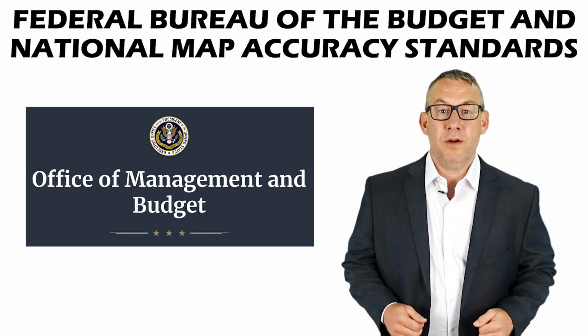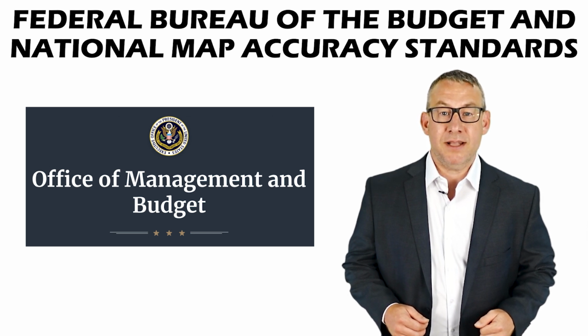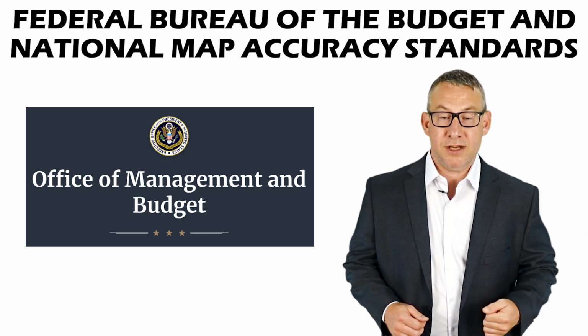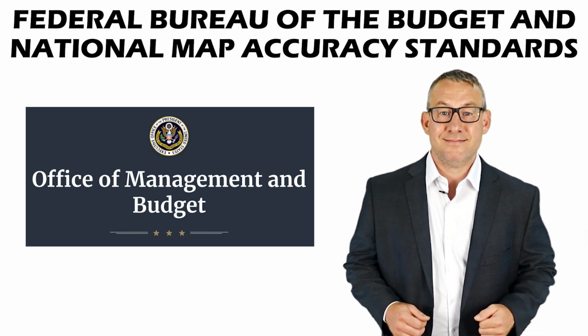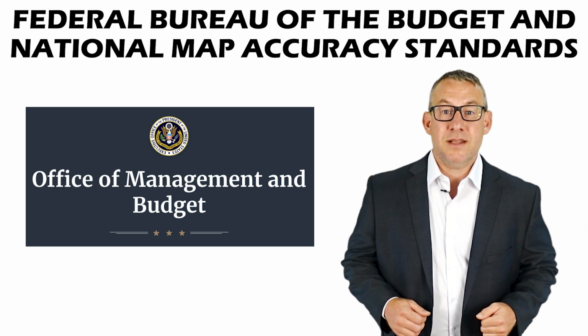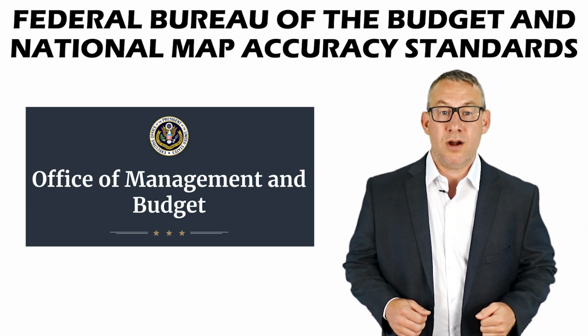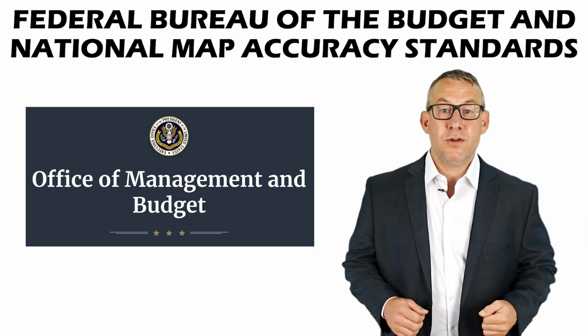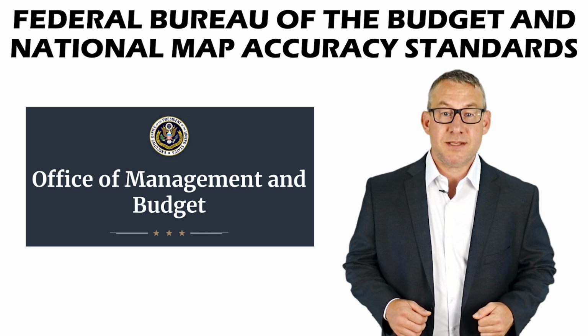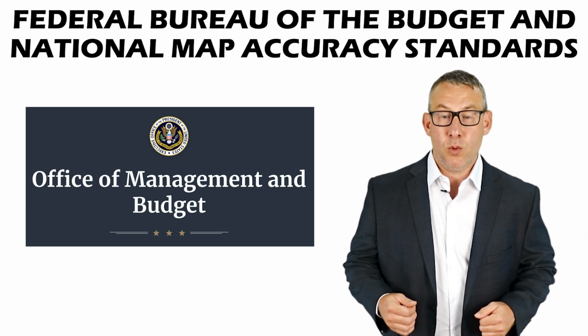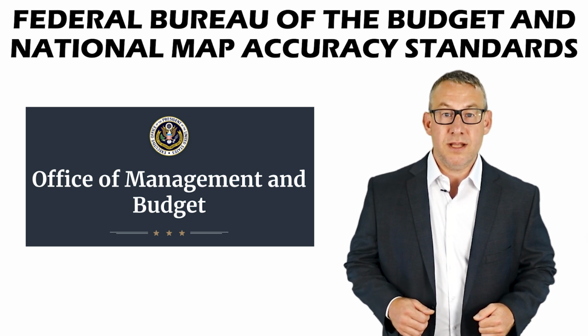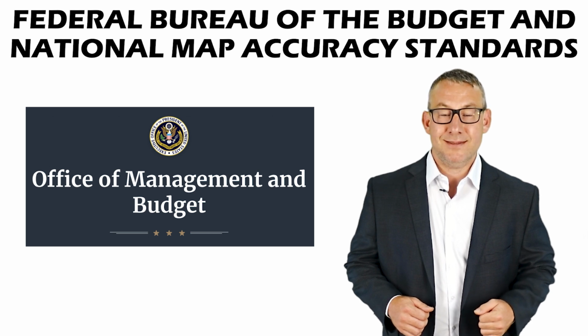The Federal Bureau of the Budget and the National Map Accuracy Standards. The Federal Bureau of the Budget publishes the National Map Accuracy Standards. The national map accuracy standards are: larger than 1 to 20,000 scale maps must have 90% of the points be within 1/30th of an inch of the true value.